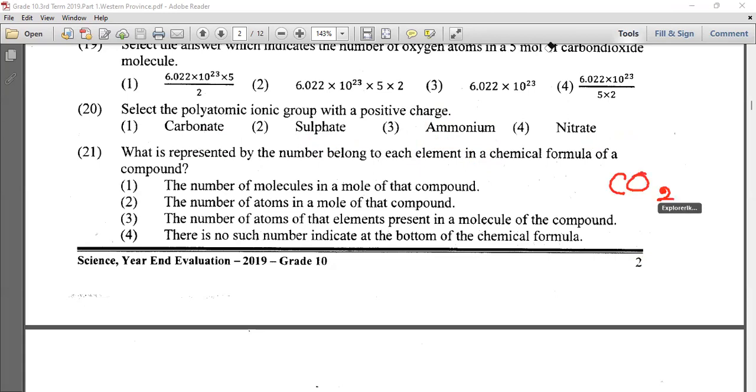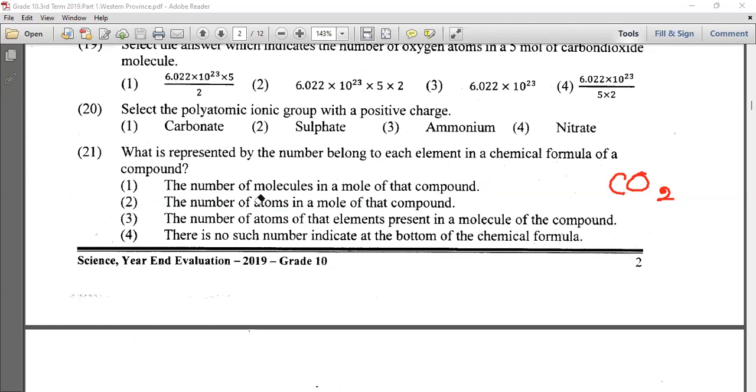In this molecule there are two oxygen atoms and one carbon atom. The number of molecules of it's not the number of atoms in a mole of that compound. Sorry. The number of atoms of element present in a molecule of that compound.